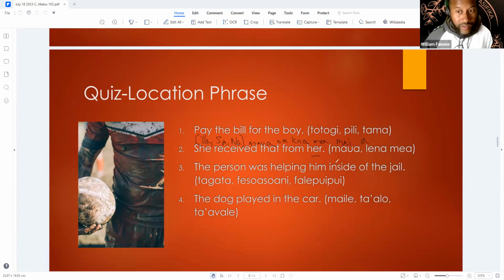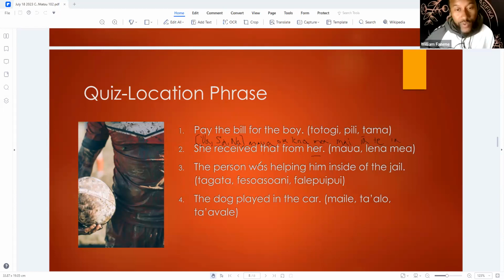So how do we say that one? So my, from, and then her. Her is a singular pronoun. My ya te ia. Okay, te and ia. Yep, my ya te ia.